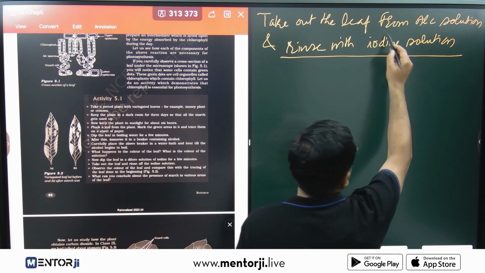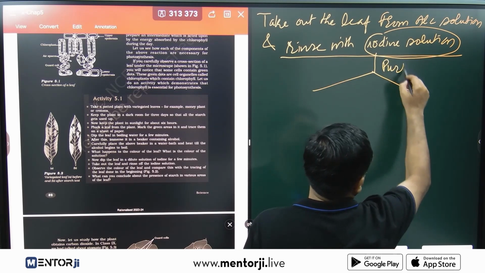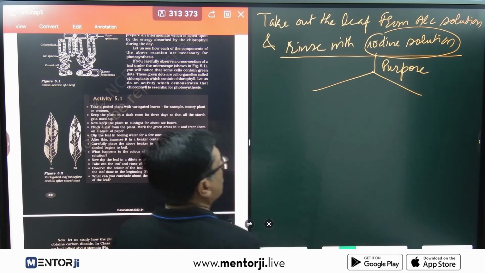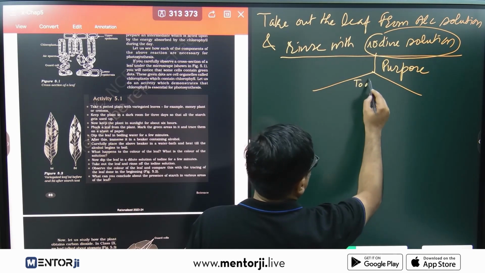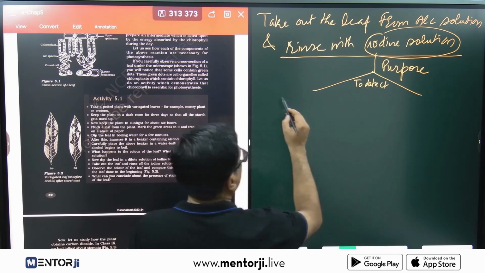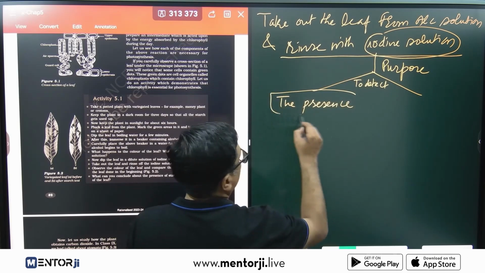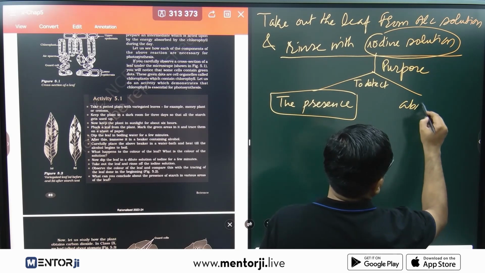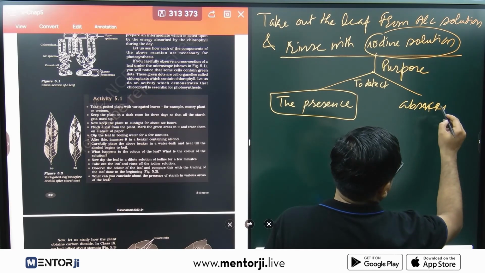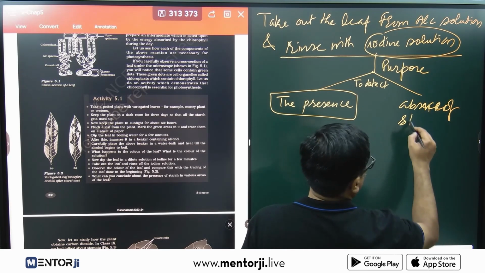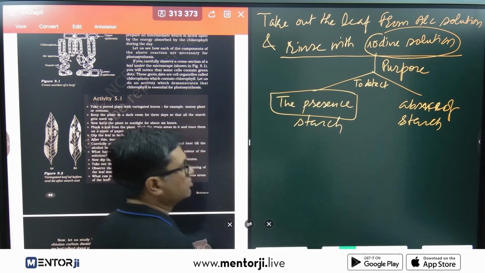Now the purpose of iodine solution is to detect the presence or absence of starch.